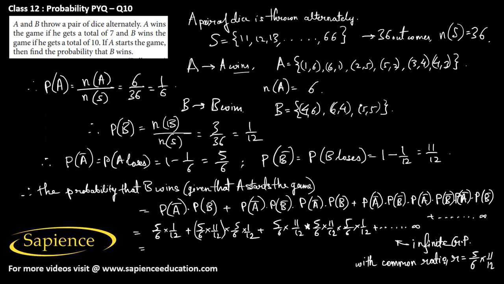This is the common ratio of this infinite GP. As we know, the sum of an infinite GP is given as A by 1 minus R, where R is the common ratio and A is the first term. So here, this one is A, the first term.